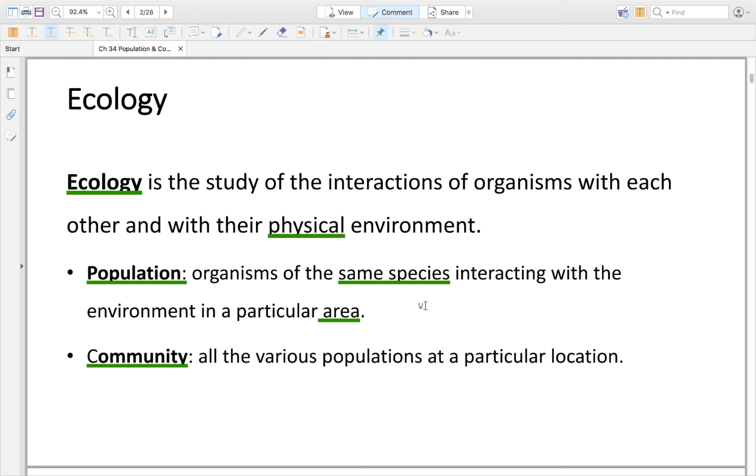Population ecologists study just the population and how they interact with one another and their environment. Now, a community is going to be all of the populations within a particular area. And community ecology is going to study how those organisms interact with different organisms in their area, in their ecosystem.